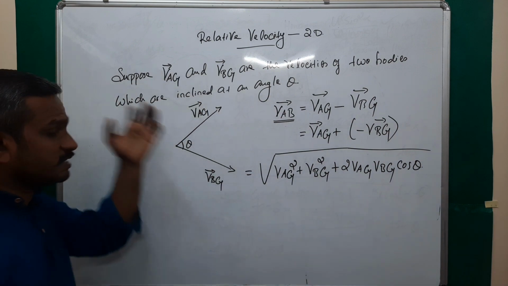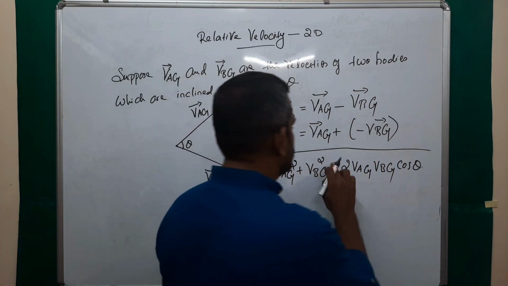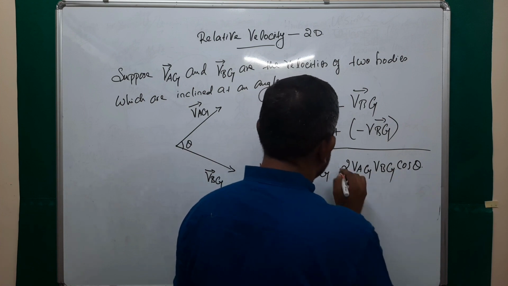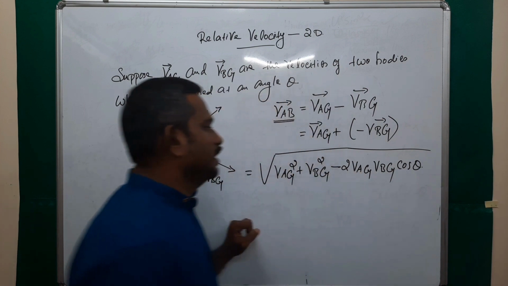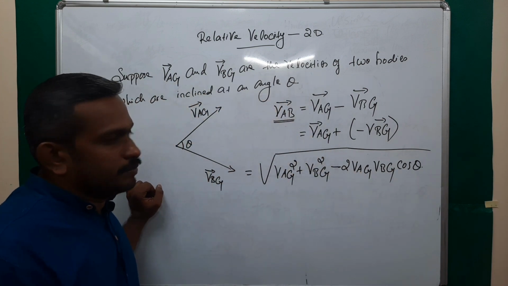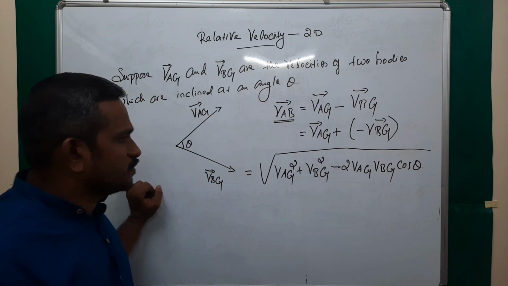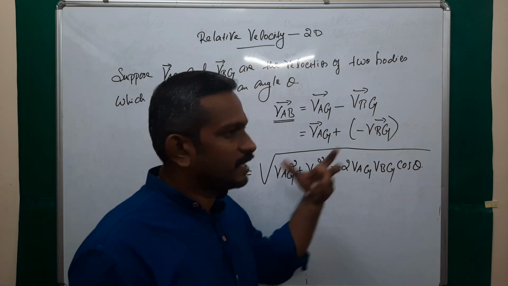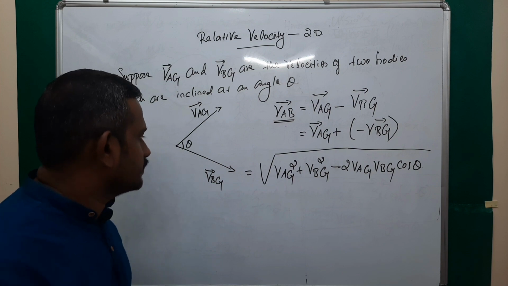This is the formula to find it. Here it is minus, because VBG is minus. So minus VAG VBG cos theta. This formula can be used to find the resultant vector in two dimensions.